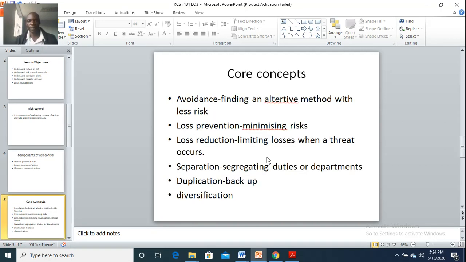Core components. What do we mean when we say risk control? Like I mentioned in the beginning, we need to avoid risk. It's an unpleasant environment. Who wants a loss?